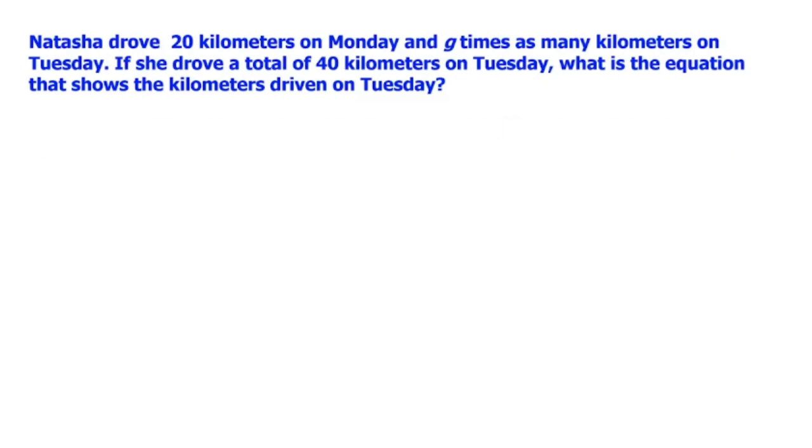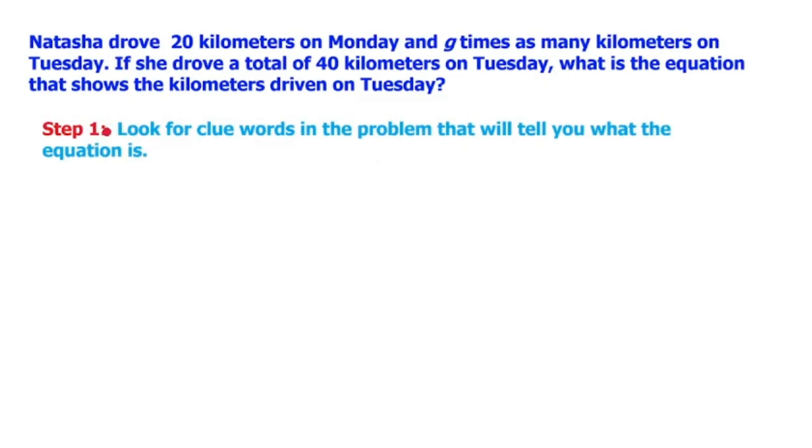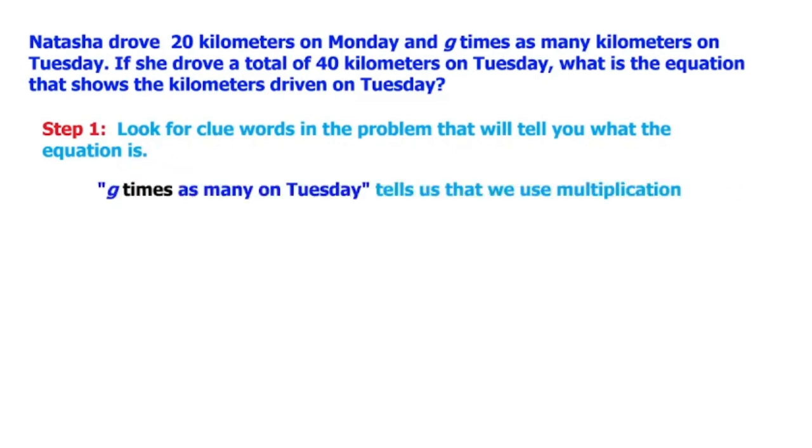So we're trying to figure out what happened on Tuesday, but we need some of Monday to figure it out. So step one, look for clue words in the problem that will tell you what the equation is. When we see words like G times as many kilometers on Tuesday, times tells us that we use multiplication.